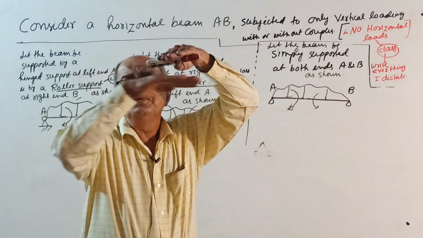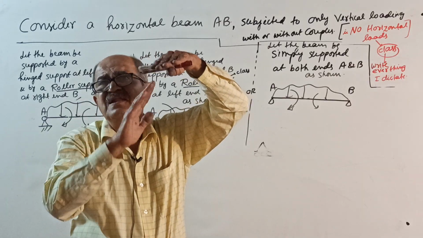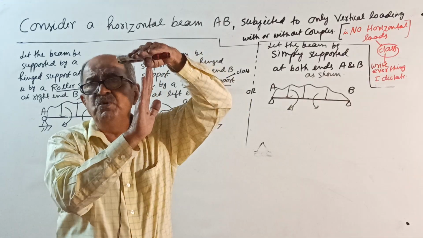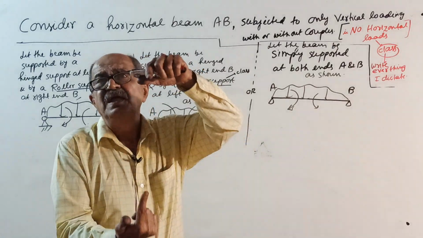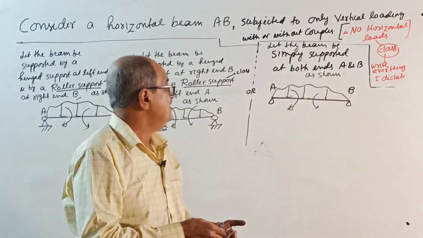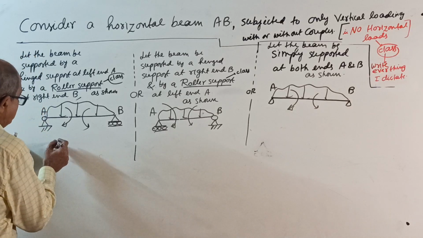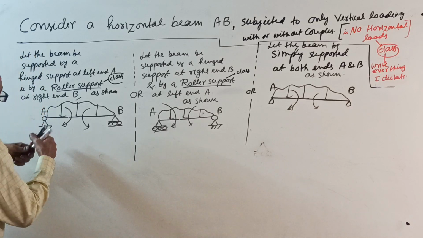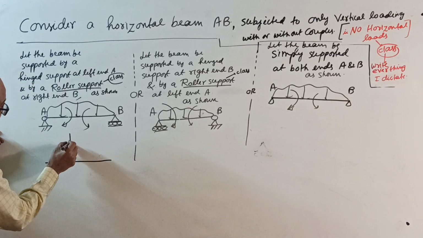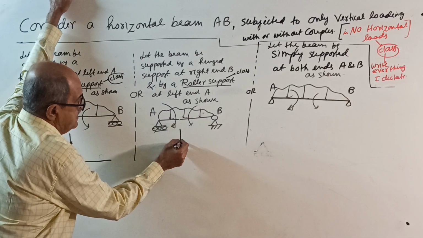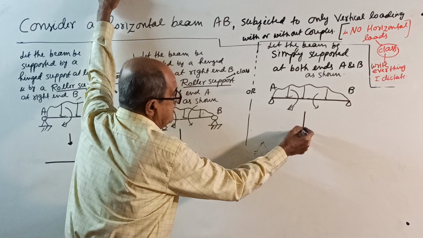If the roller plane is horizontal, that reaction R at the roller will become V. Whereas a simple support will have only vertical reaction. Therefore, write some statements here for this beam.